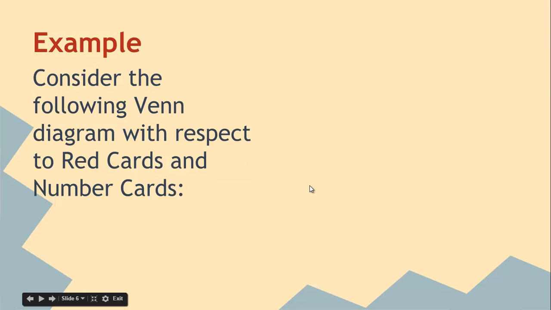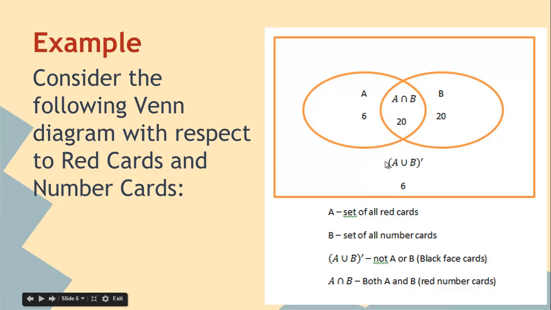Consider the following Venn diagram with respect to red cards and number cards. A is the set of all red cards, B is the set of all number cards, so there's 40 total. There's 20 overlap, so that's A and B. A union B would be the combination of both of these, and everything outside of A union B, written with a little line, is everything outside.